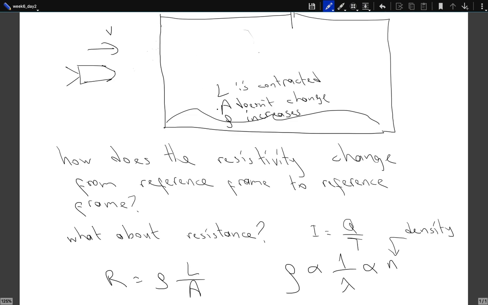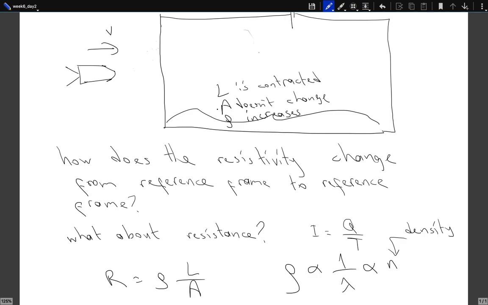Well, let's look at whether the resistance changes. What would you expect? Well, the length is contracted. L becomes smaller by some factor. Rho gets larger by the same factor. So I don't expect the product to change. It should be the same.